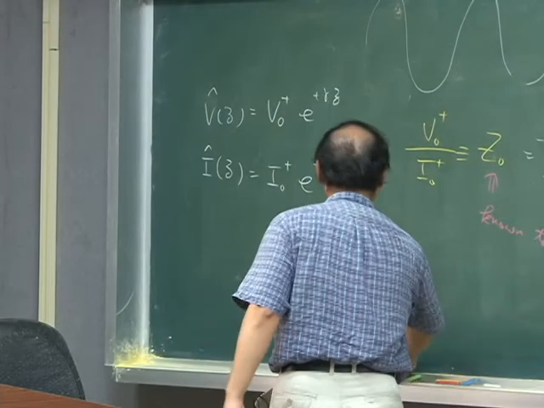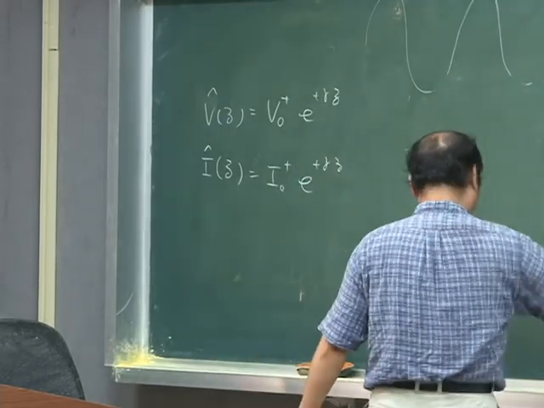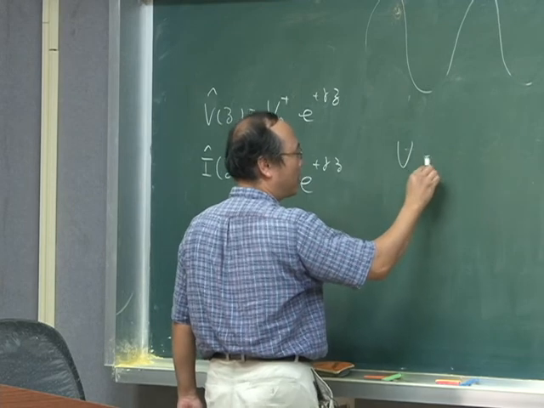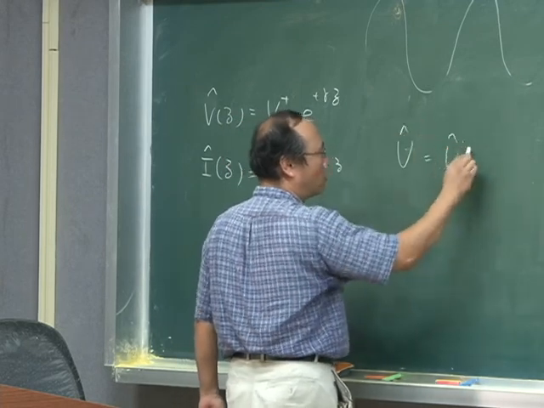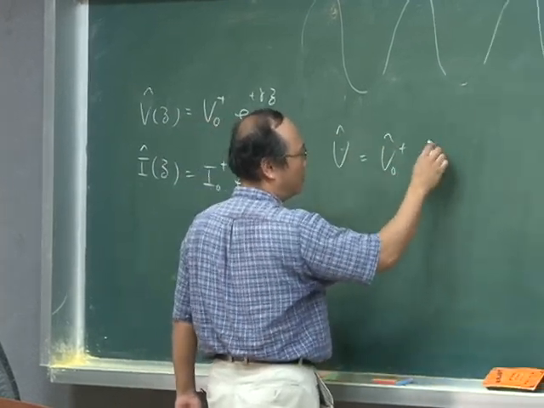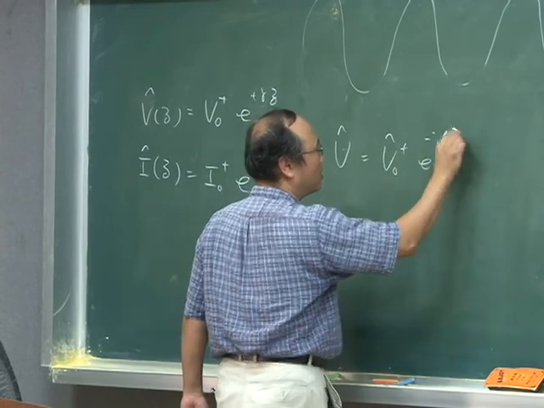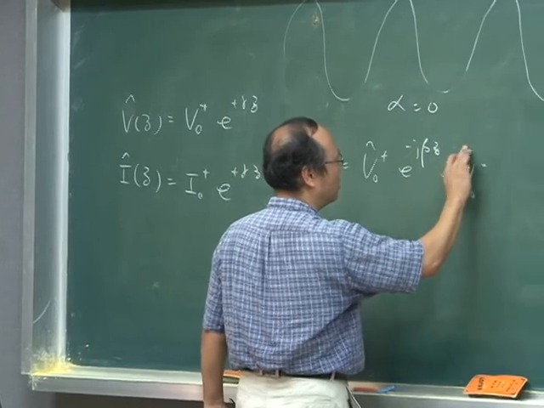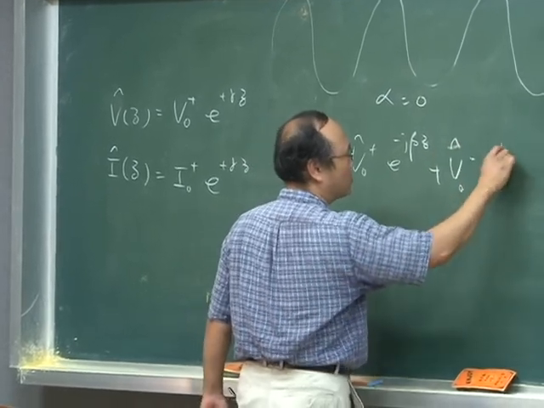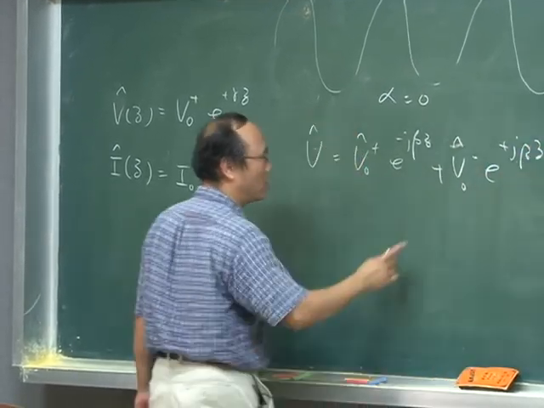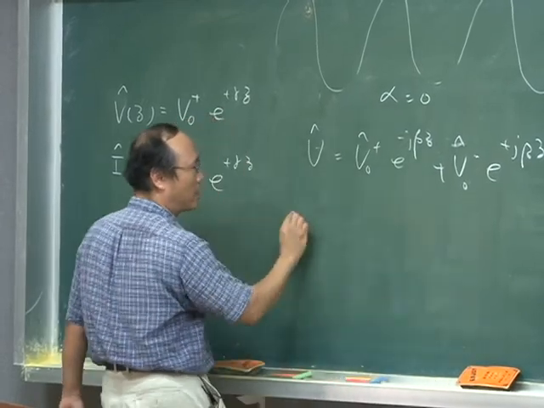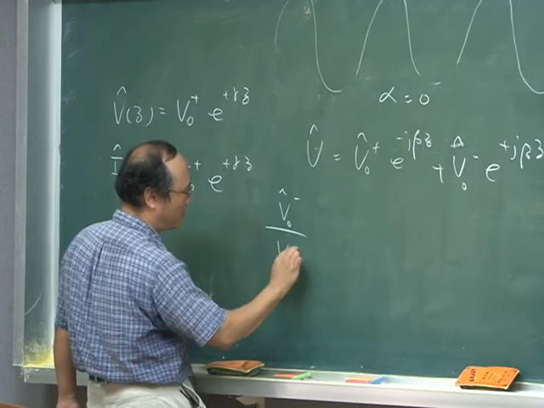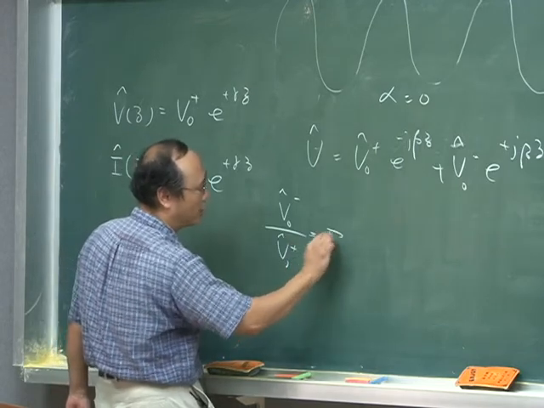Previously you have V equal to, and this is all phasor, V naught plus exponential minus j beta z, assume alpha is equal to 0, plus V naught minus exponential plus j beta z. Now, you know V naught minus over V naught plus is equal to gamma.